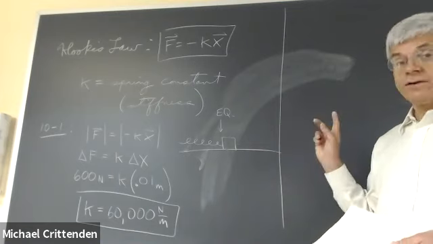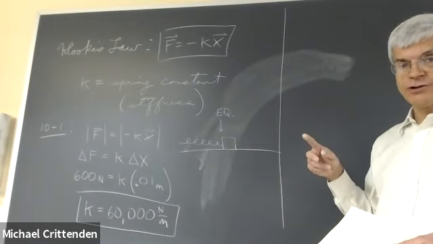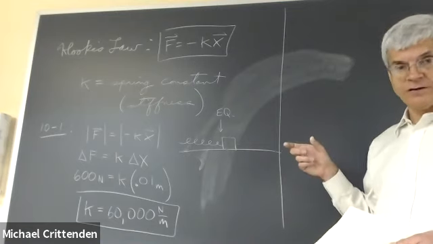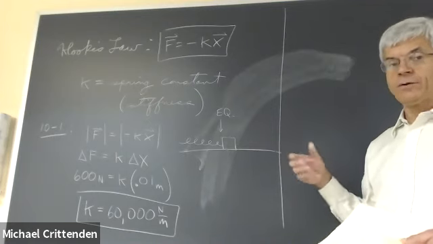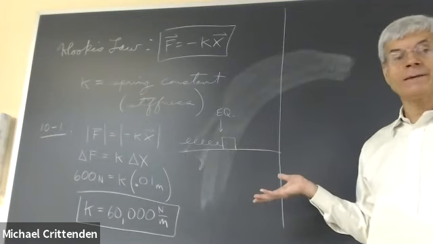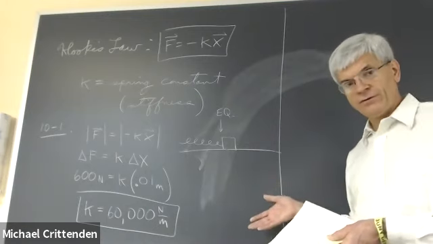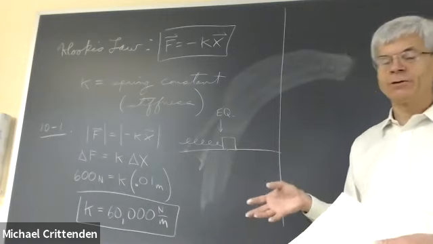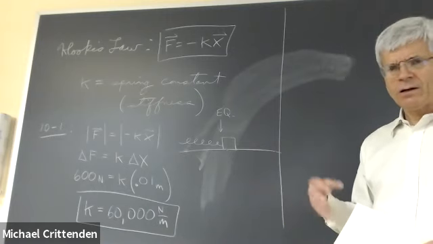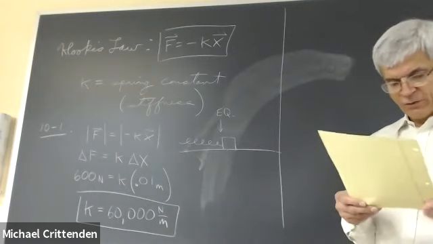But anyhow, that's what simple harmonic motion means. It means the frictionless case. The case where friction is present is more complicated. So I guess simple harmonic motion as opposed to complicated harmonic motion, except that isn't what they call it. They call it damped harmonic motion when friction is present.